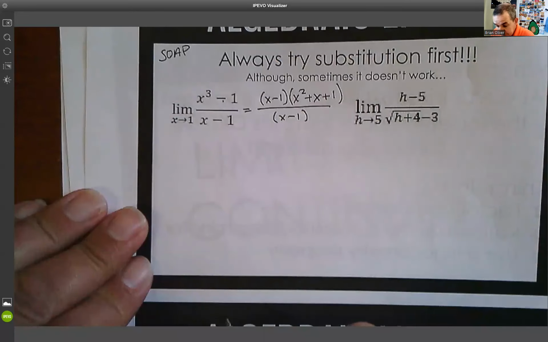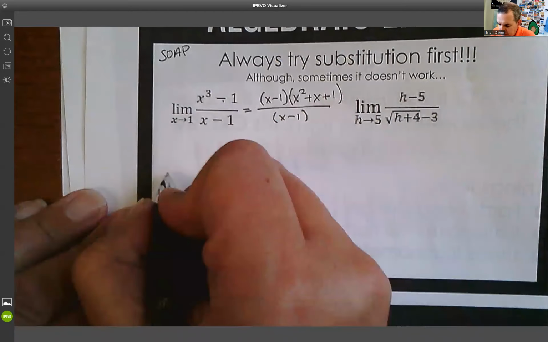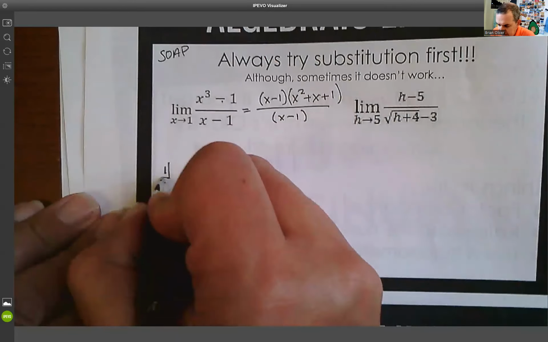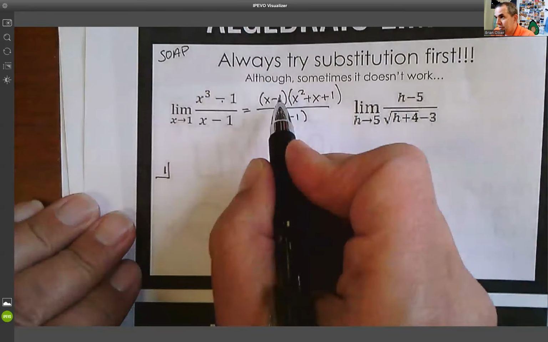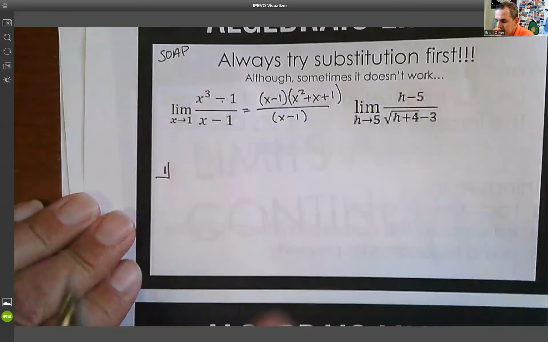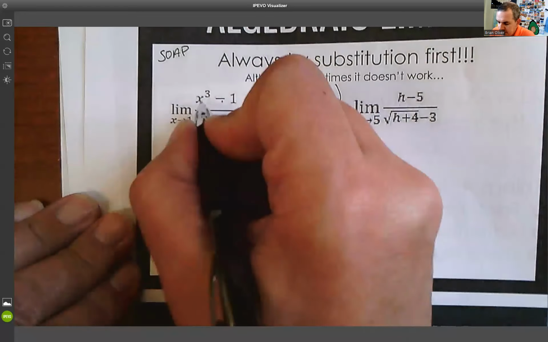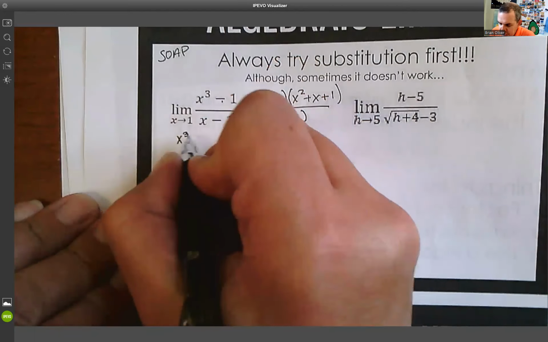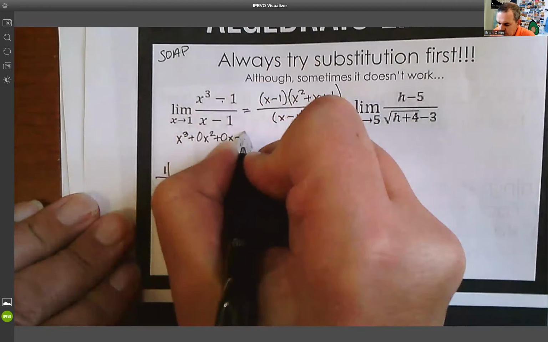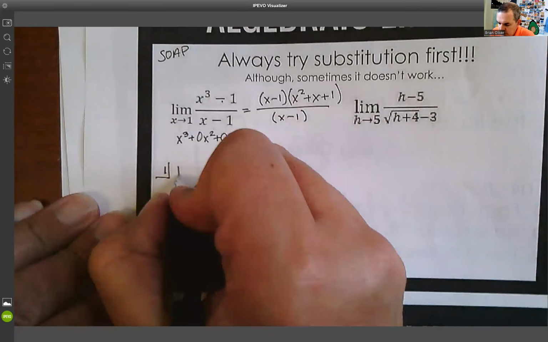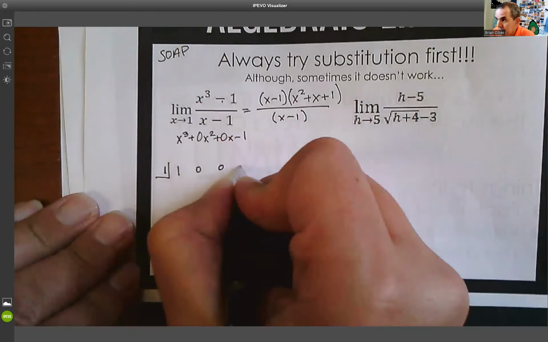That's what it's going to be. If you didn't know how to do that, what I taught was I showed you how to do a quick synthetic division. So what I'm going to do is I'm going to try and get this 1 out of there because of that 1. I'm going to write down the coefficients. This is technically x cubed plus 0x squared plus 0x minus 1. Write down the coefficients 1, 0, 0, -1.